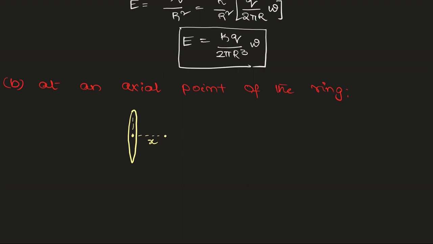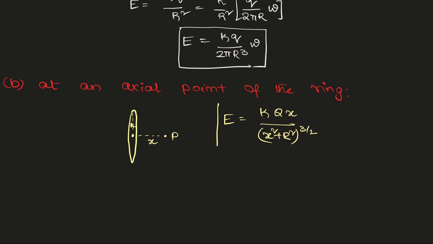The radius of the ring is r. The electric field at this point is given as k q x by (x square plus r square) whole power of 3 by 2. The derivation is not that important for NEET level as well as JEE level, but the final expression is very important.